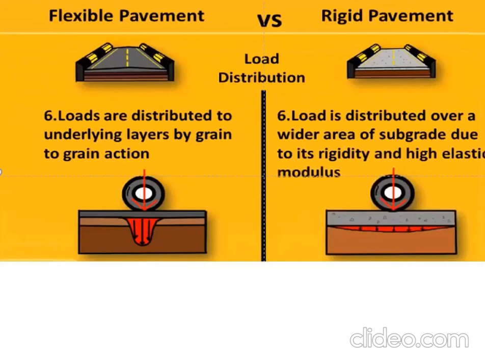Normally, the flexible pavement has a modulus varying between 350,000 to 450,000, while the rigid pavement has a minimum of 4 million, so it's 10 times. It can be more as well. That's why we don't need an extra layer in the case of rigid pavement.